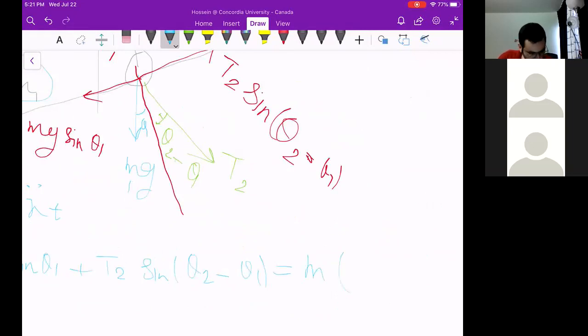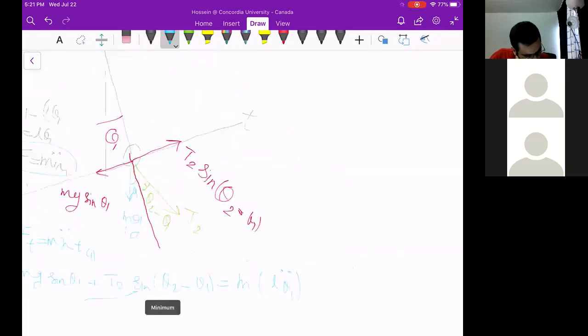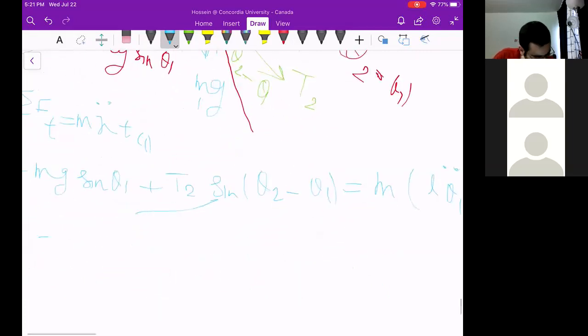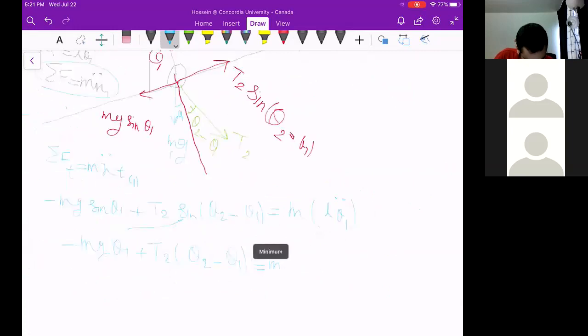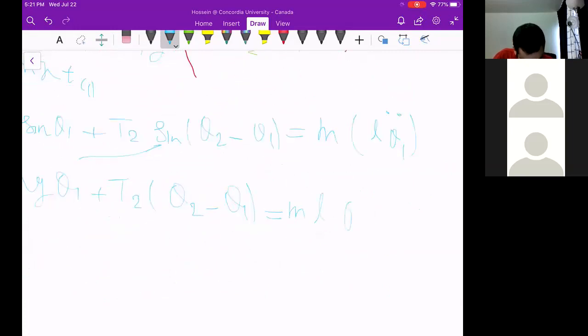X double dot t for mass 1 is going to be x double dot 1, which is L theta double dot 1. So you could simplify. This is going to be minus mg theta 1 plus T2 theta 2 minus theta 1 equals m L theta double dot 1.